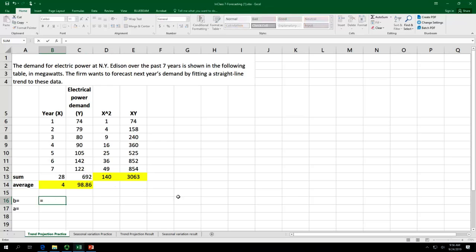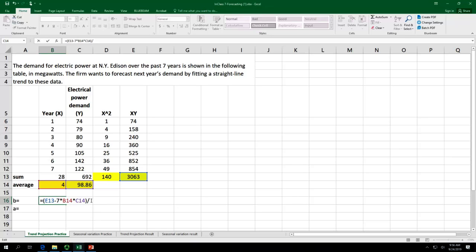So let's put all of the equations over here. For b, you use sigma xy minus n, which equals 7, times x bar and y bar. This is your numerator.